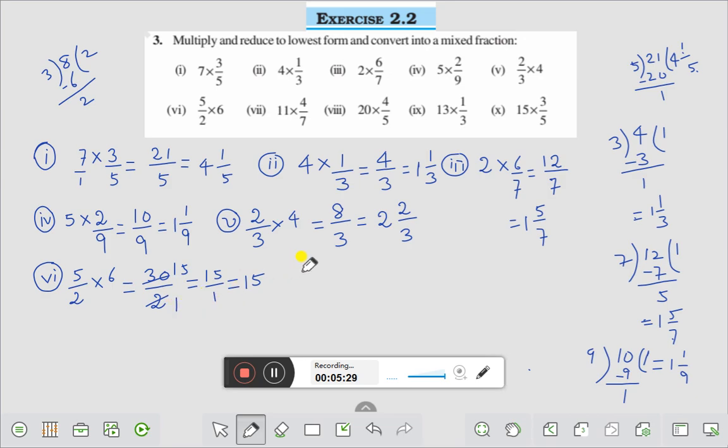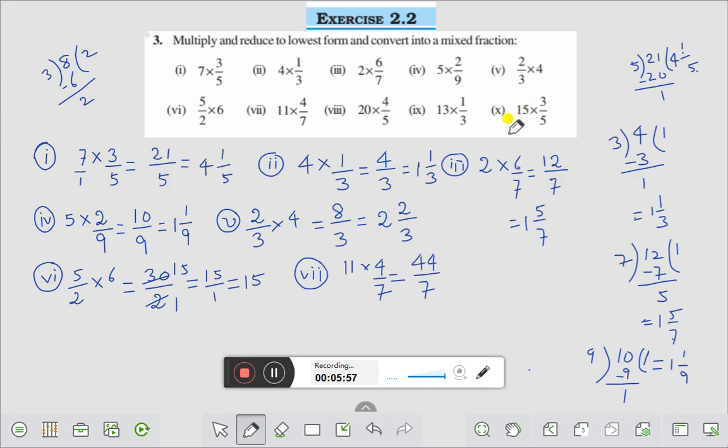Now question number 7 is 11 into 4 by 7. You have to multiply this number with this number. That is 4 elevens are 44, so 44 divided by 7. Now divide 44 by 7.